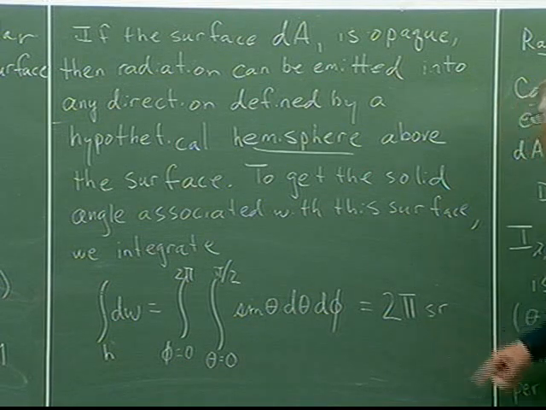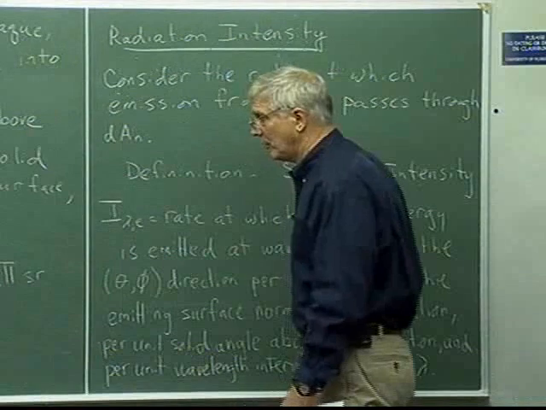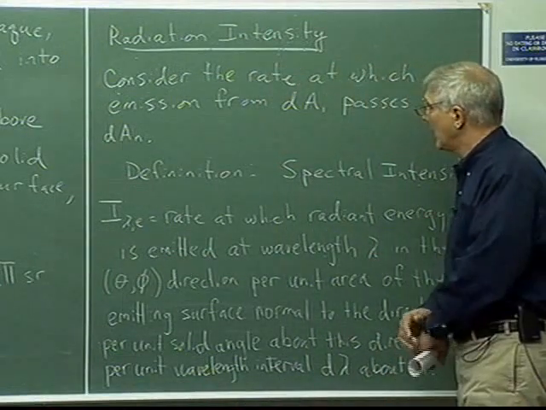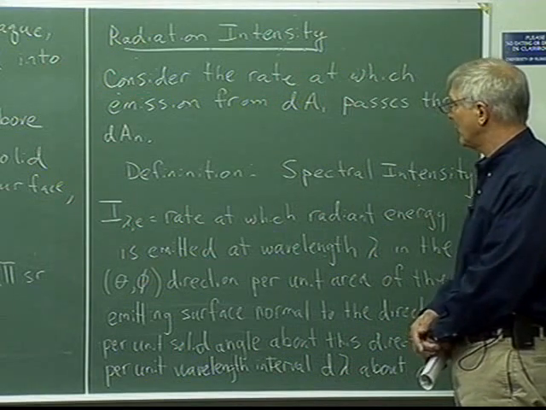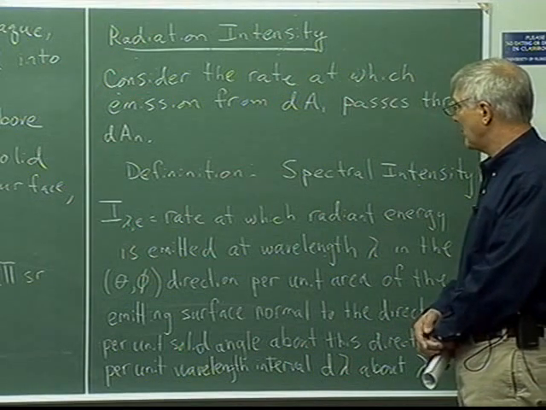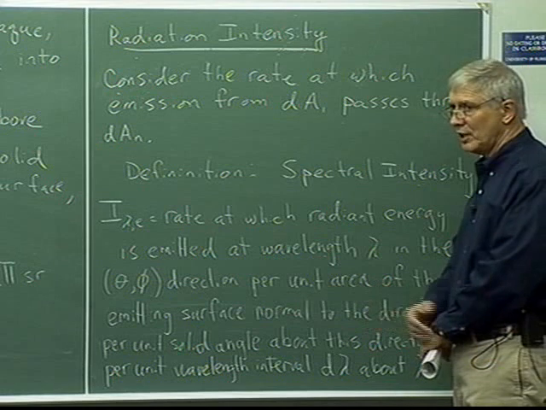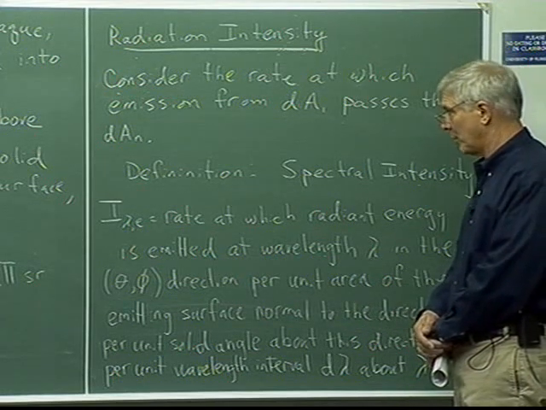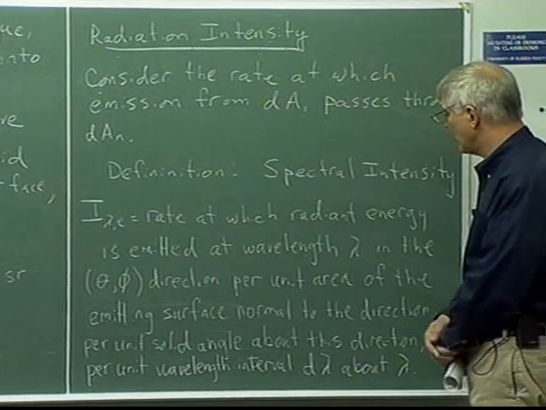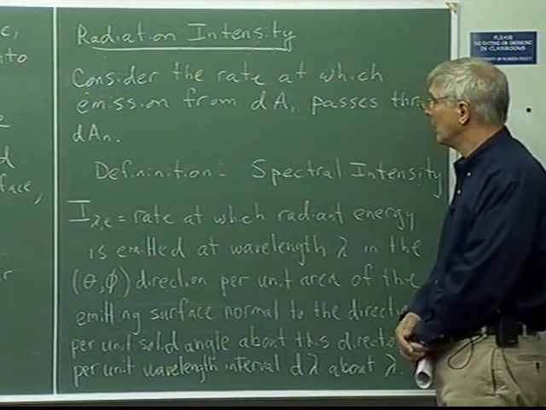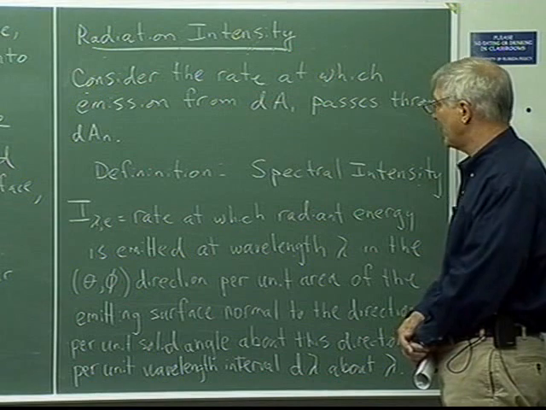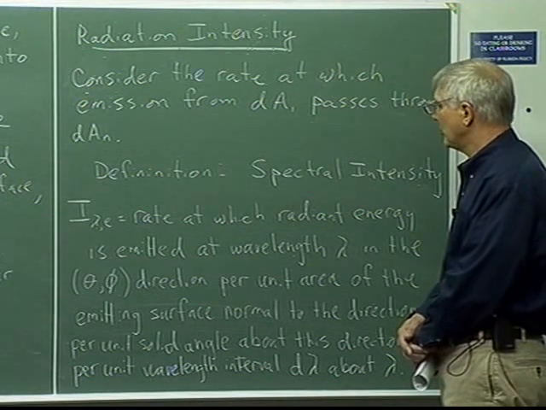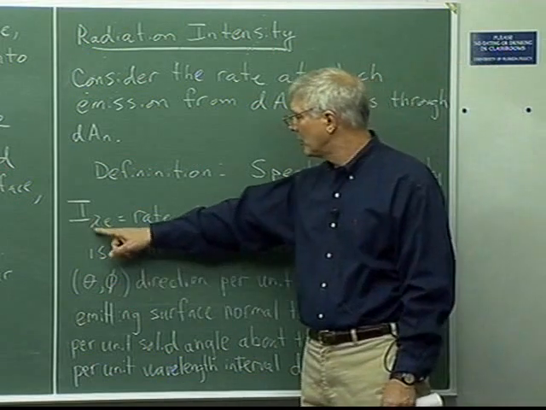All right, the next thing we need to discuss is radiation intensity. And for radiation intensity, we want to consider the rate at which emission from that surface, dA1, passes through the normal surface that we talked about. So first, our definition of radiation intensity. We'll start with the spectral intensity, which is our intensity related to wavelength.